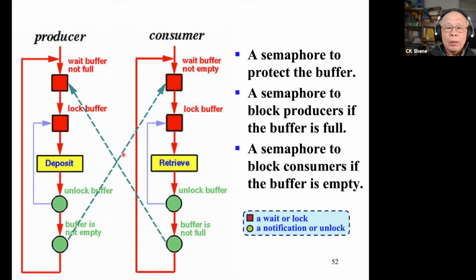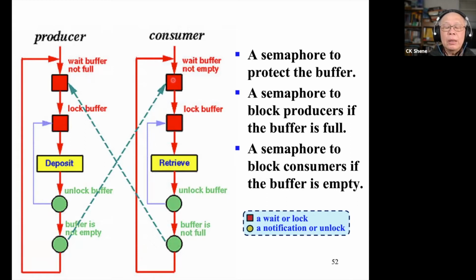So another thread that causes that event to occur notifies a waiting thread so that the waiting thread can continue. Therefore, a red square means a wait for an event to occur or a lock.